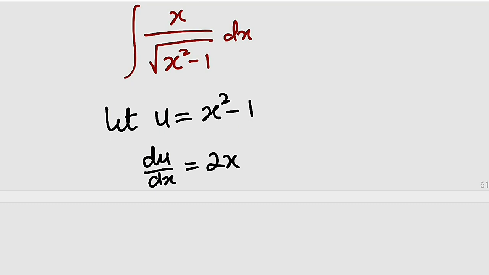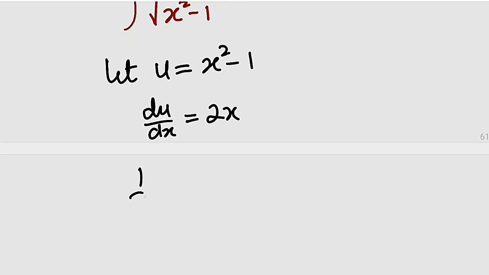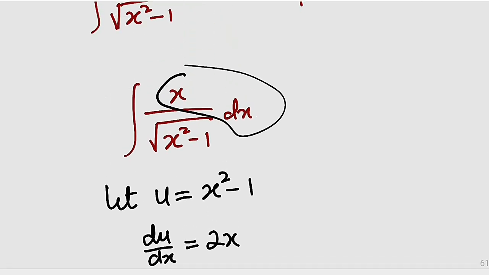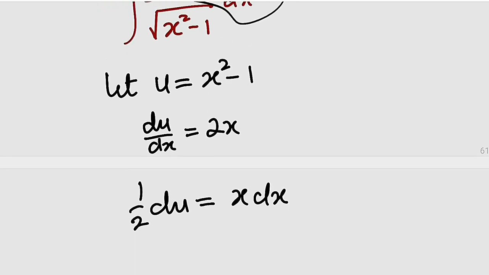Differentiate negative 1, you get 0. Divide both sides by 2 and multiply both sides by dx. It's like switching 2 and dx. So you have 1 divided by 2 du equal to what? x dx. Already we have x dx here, which we can now replace with 1 over 2 du, right?